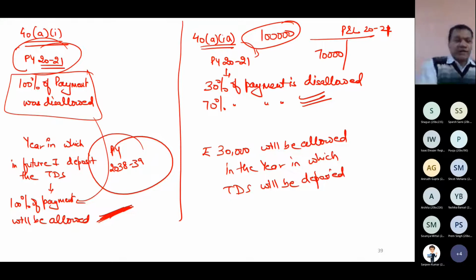The only difference practically is in 40A1A, in 40A1 you add back 100% of the expenditure if you have debited. In 40A1A you do not add back 100% of the expenditure if debited, you only add back 30%. That's it. Please raise your hand if 40A1A is also clear.